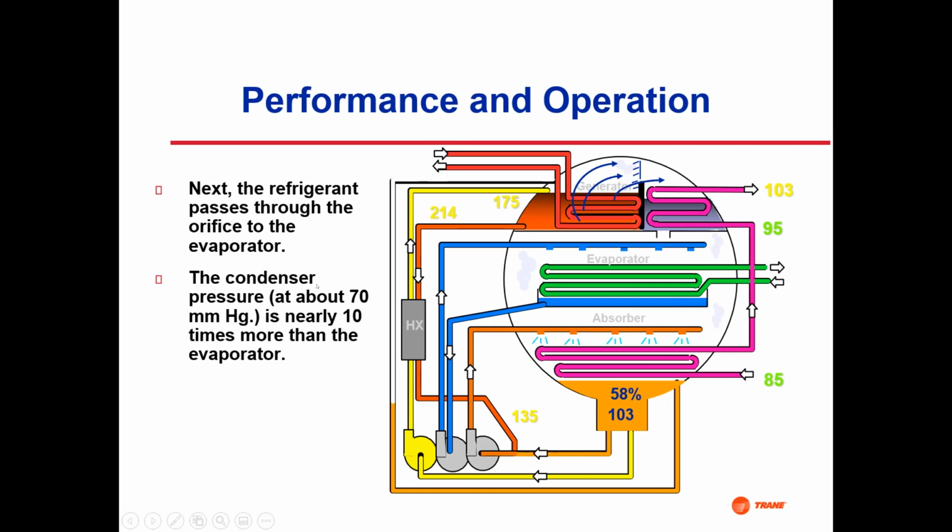Okay. Condenser pressure, again, is about 70 millimeters of mercury, which is nearly 10 times more than the evaporator, which was, what? I think it was 0.12 PSI-A. I forget the millimeters of mercury right now.